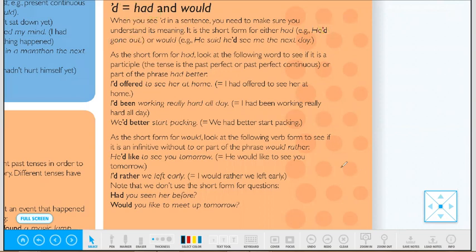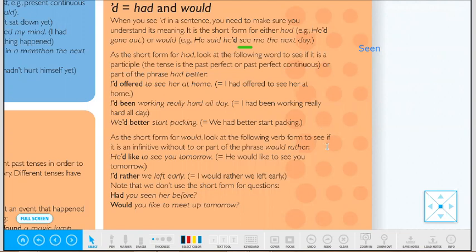Very simple, no? But when the verb after an apostrophe D is not in the past participle but in its simple form, let me erase it, see, simple form. See, because the past participle of see is which one? Seen. Very right. So this is the past participle, and this is the simple form. When it is a simple form, that means that it is would.